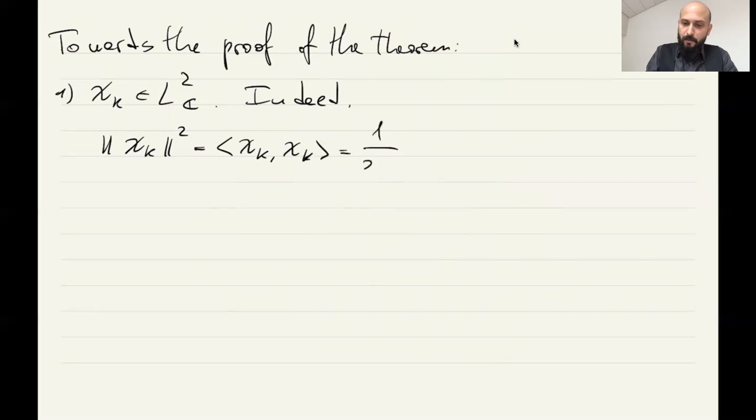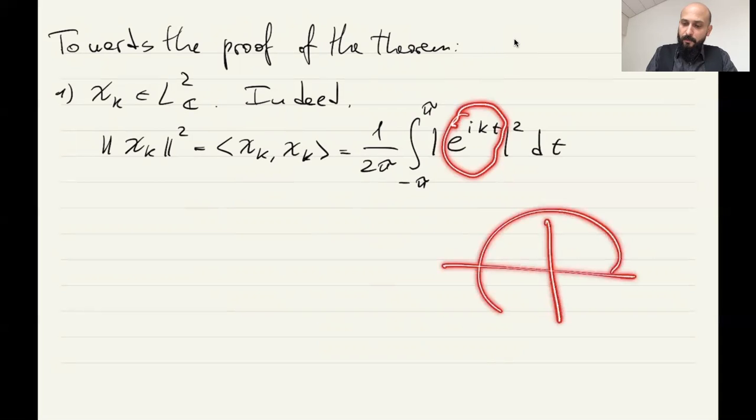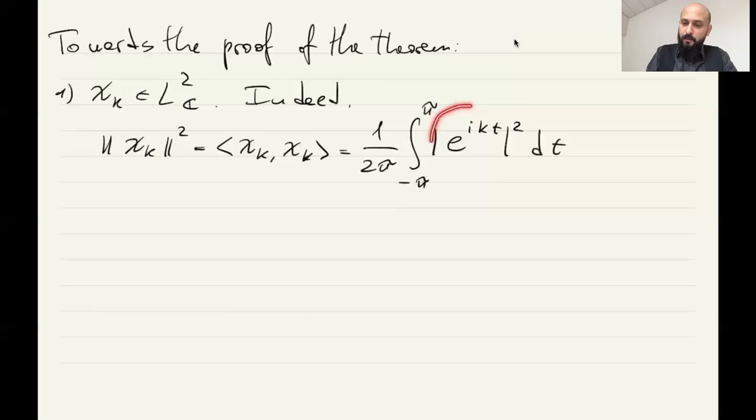By definition this is 1 over 2 pi, the integral between minus pi and pi of the norm of φ_k(t) squared dt. Now this number is a number on the unit sphere, cosine plus i sine, so the norm is equal to 1. When you integrate, you get 2 pi, and you divide by 2 pi, and this is equal to 1.